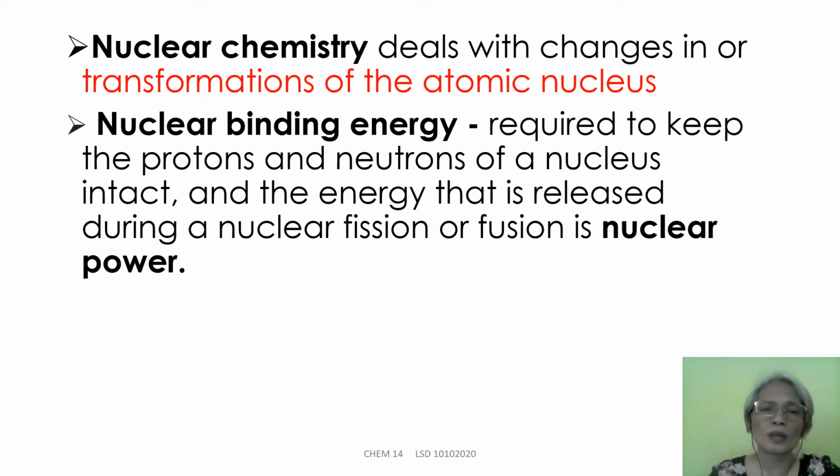So nuclear chemistry is the branch of chemistry which deals with changes in or transformations of the atomic nucleus. The nuclear binding energy is the energy required to keep the protons and neutrons of a nucleus intact, and the energy that is released during a nuclear fission or fusion is termed the nuclear power.